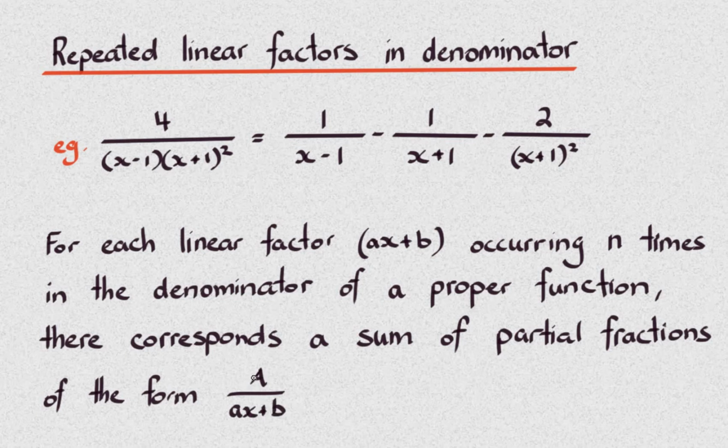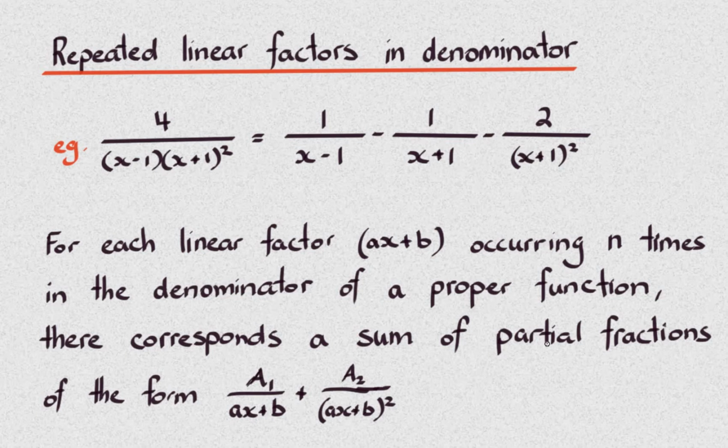Now we would stop there if it just occurred once. But it doesn't, that's just the first. If it occurs twice, there is a second fraction. Once again, some unknown constant on the top, but then we don't just have ax plus b, we have ax plus b squared on the denominator. And that's what we saw with our example. The x plus 1 squared, the repeated linear factor, corresponded to 2 fractions.